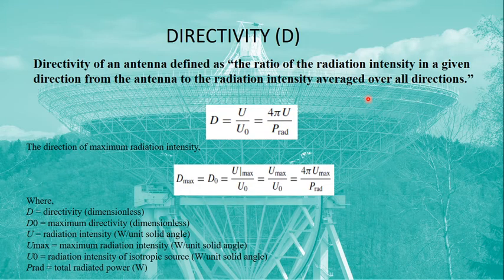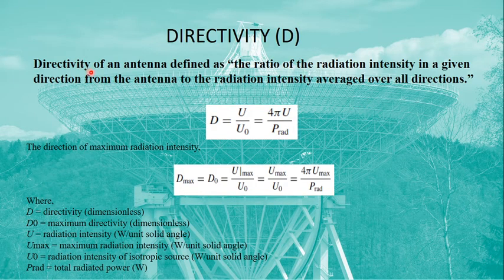So if we know the direction in which we are transmitting, or we receive the signal from one particular direction, we say the antenna is highly directional. Whereas if there is no specific direction from which the signal is obtained or transmitted, we say the device has a very low directivity.